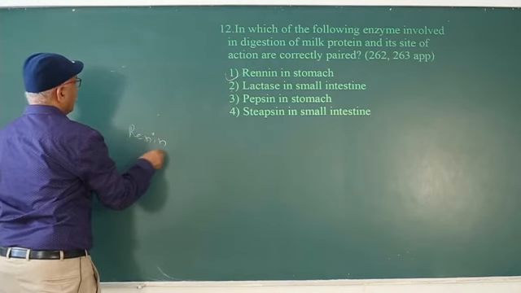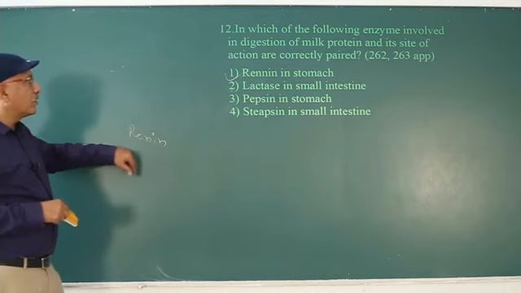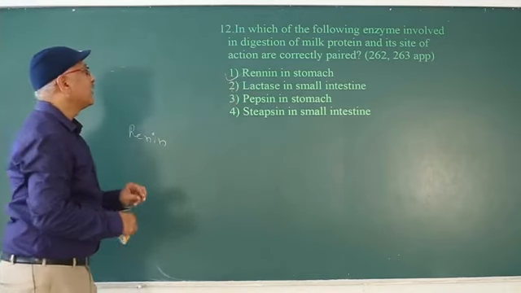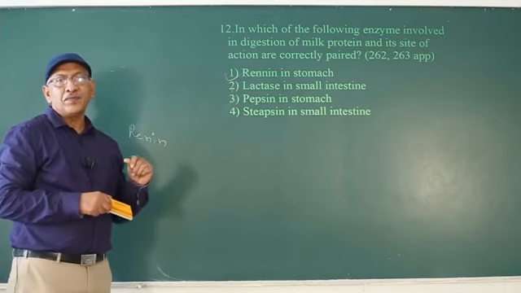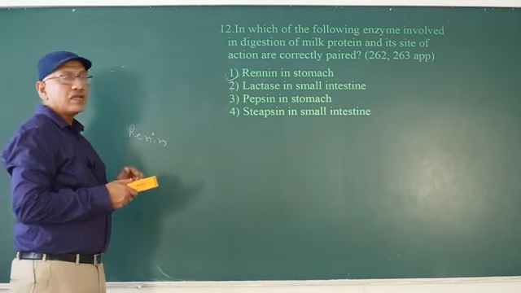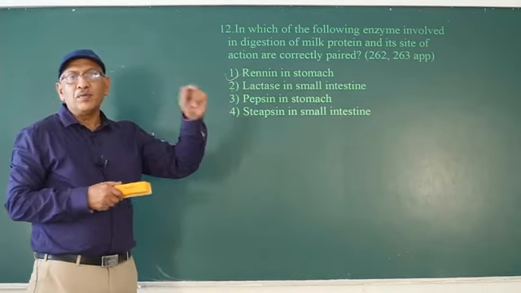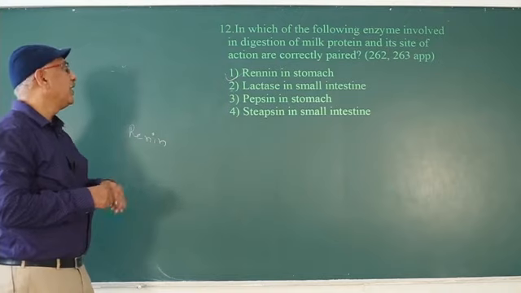Renin is secreted by the chief cells or peptic cells in children, and it converts the milk into curd. So renin in stomach.